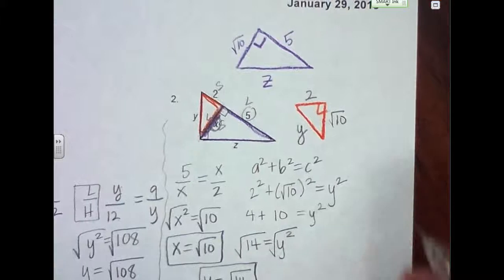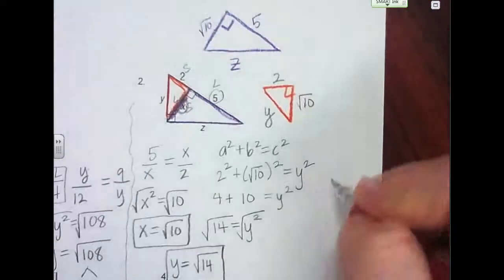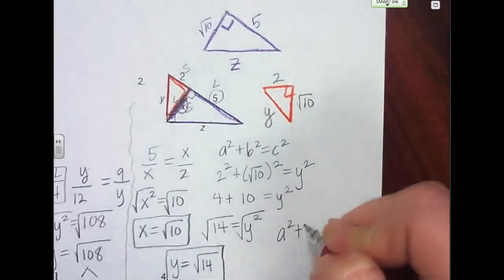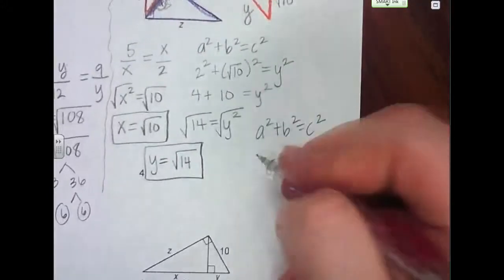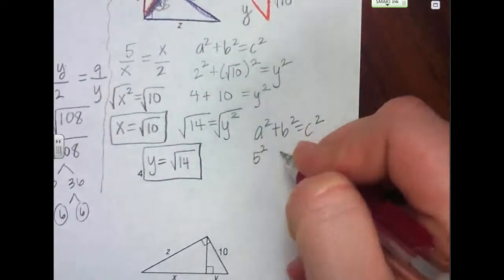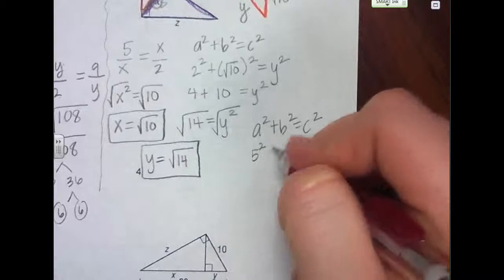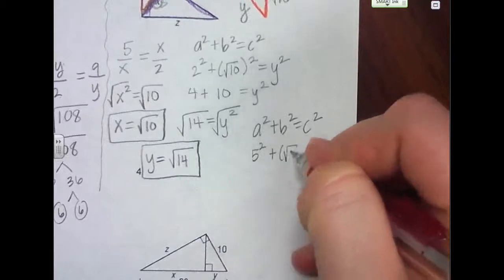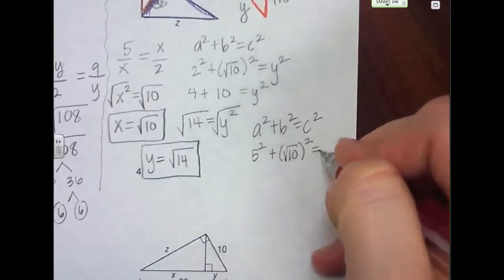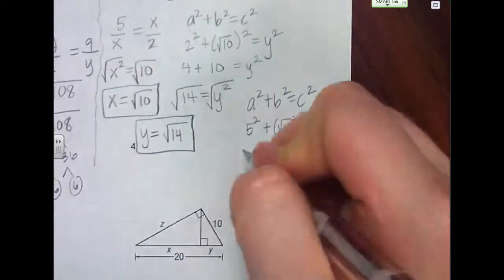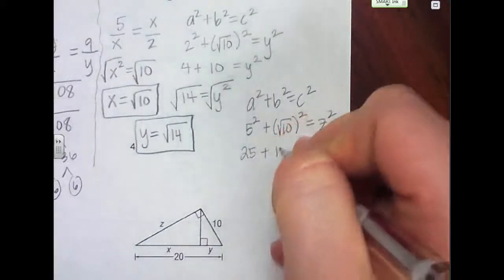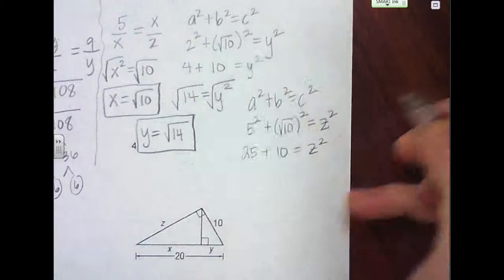So if we fill in our Pythagorean theorem, we'll put 5 in for a, so 5 squared plus square root 10 squared equals z squared. So this is going to be 25 plus 10 equals z squared.